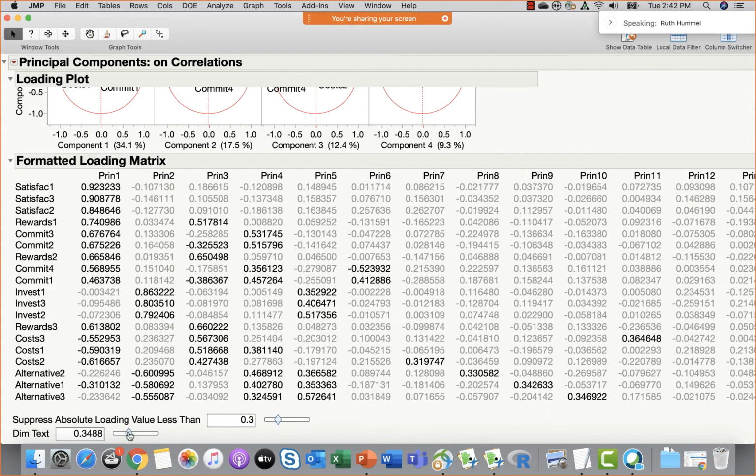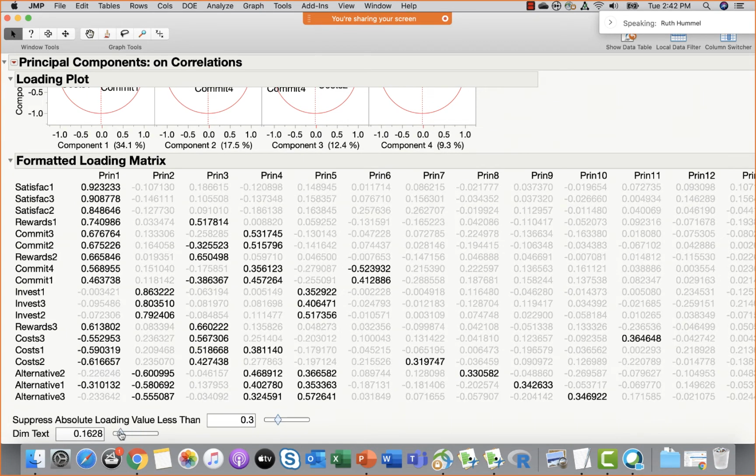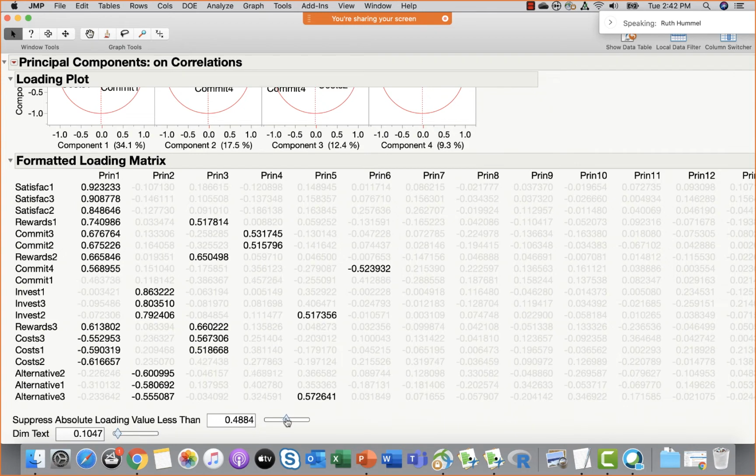We can dim out those other things to make this even easier to see, and we can suppress maybe even higher loadings so that it's easier and easier to see where the really strong loadings go. So principal component 1 seems to be mostly made of satisfaction, rewards, and commitment questions, and a little bit the opposite of the costs.